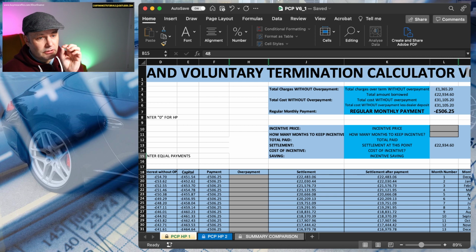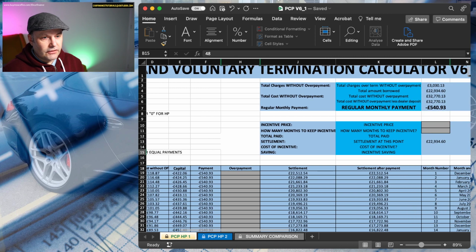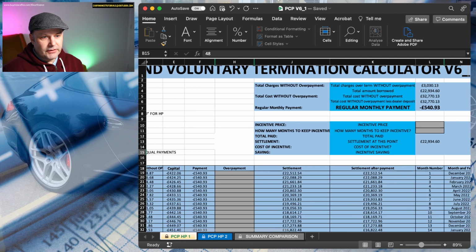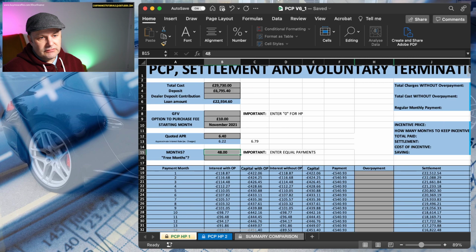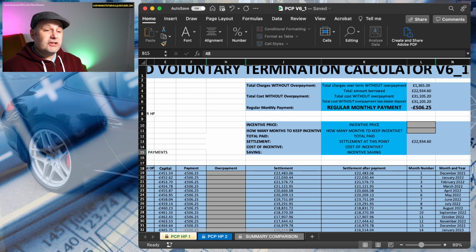So getting a personal loan, if you could, you can see the total charges, look, only £1,300 versus £3,030. So you're saving, was it, getting on for £35 a month. So that's another way of doing it.